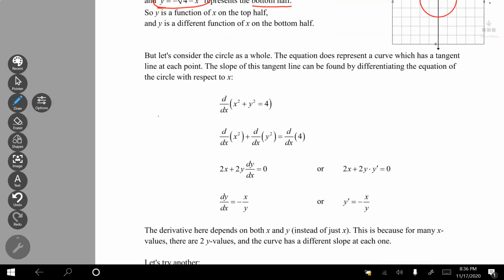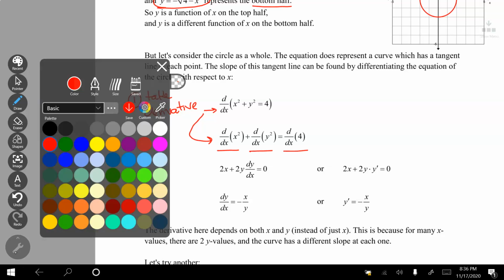I'm taking the derivative of the whole function with respect to x, the d dx of it. Okay? So this is what I did here. I took its derivative and I kind of split it up into its parts. I'm taking the derivative of the x squared, the derivative of the y squared, and the derivative of the 4.